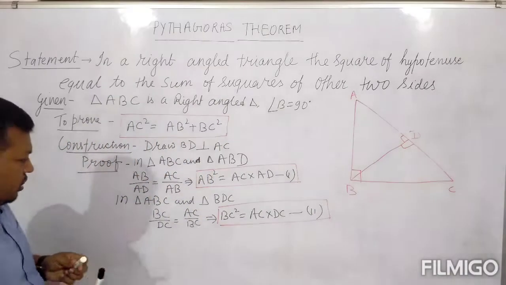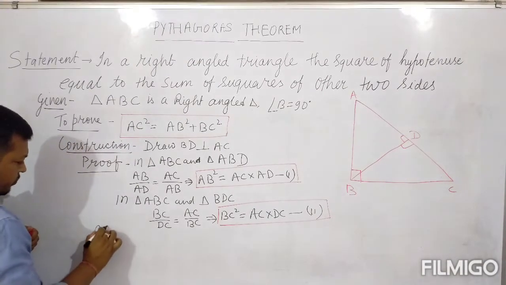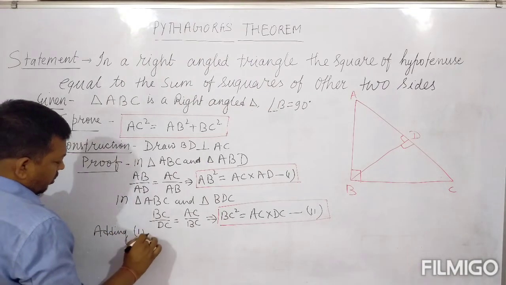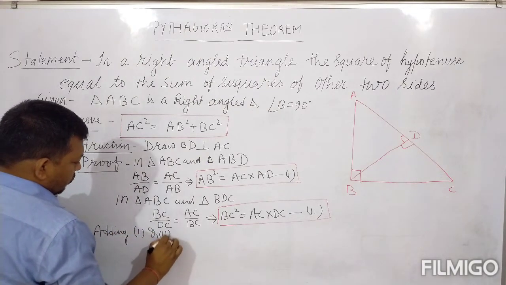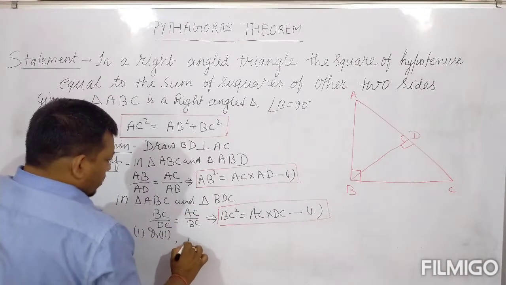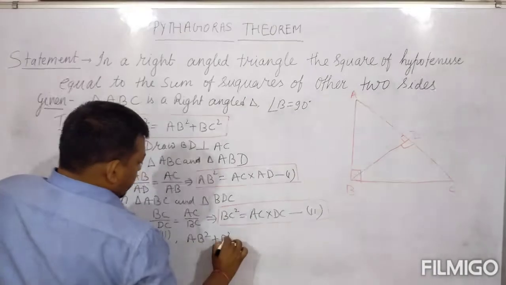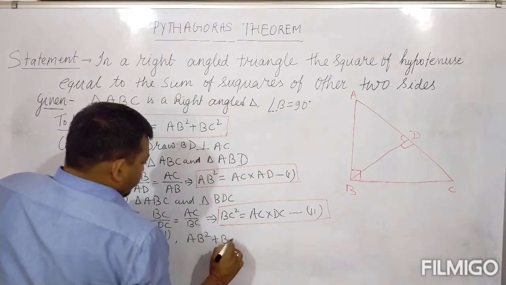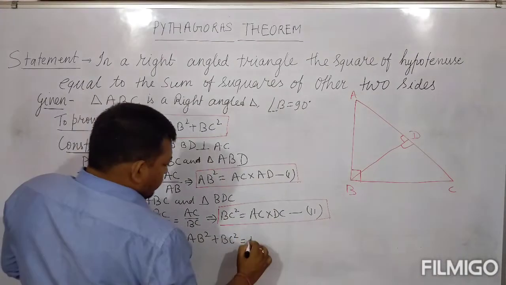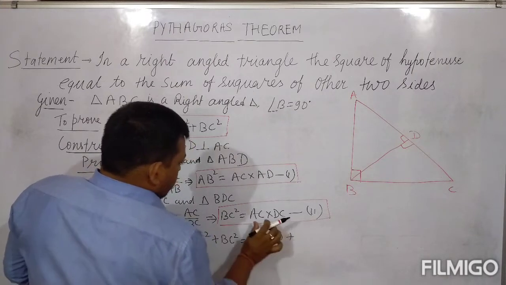Adding equations 1 and 2, on the left hand side we get AB square plus BC square, and on the right hand side AC into AD plus AC into DC.